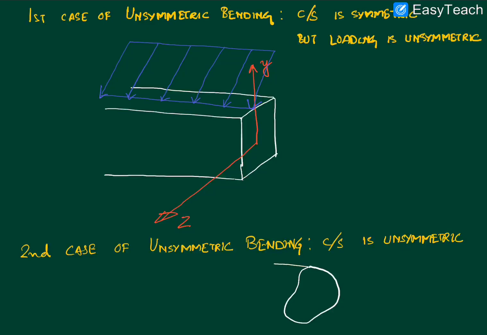So if we have a beam like this, no matter what kind of loading you impose on this, it is going to be an unsymmetrical bending.